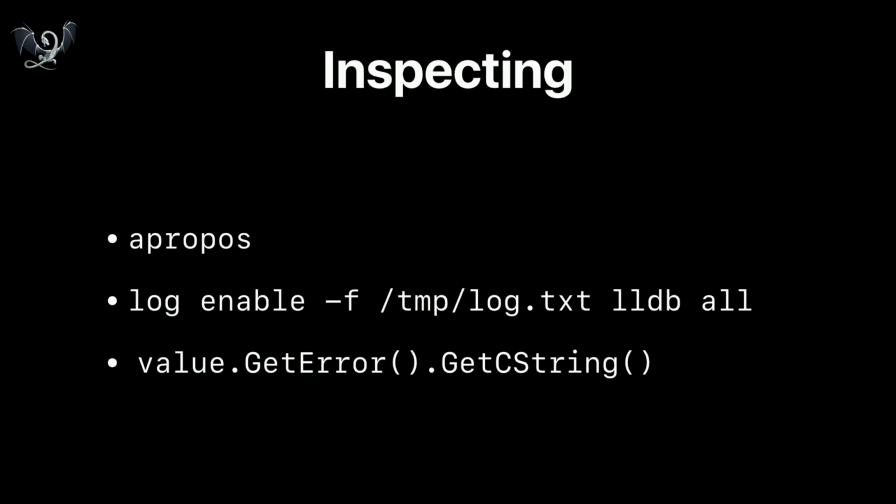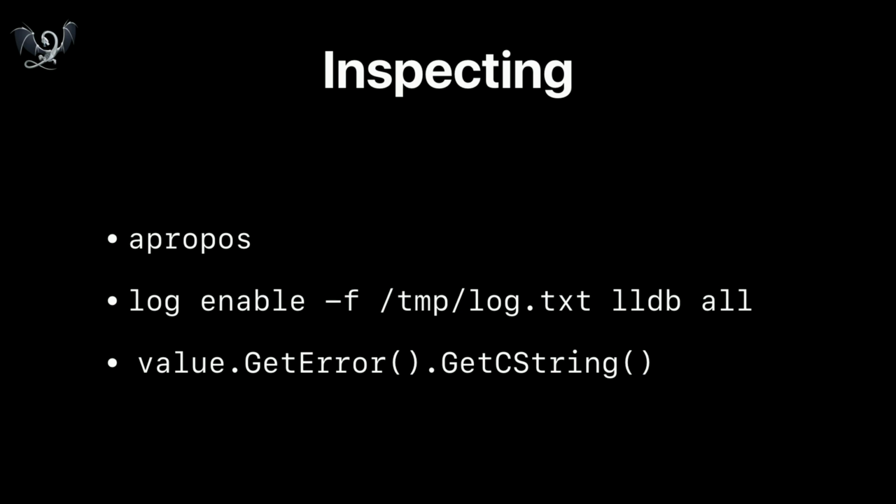So a couple other tips really quickly about using that stuff. The apropos command is really useful when you're starting to look up this stuff. It searches all of the properties and strings and just everything in the help stuff that LLDB provides, and not all of it's shown in the help menu. So if you're looking for specific properties, that's a good tool. The other thing is if you're logging, typically you see the LLDB logs in the console in Xcode, but you also see all of your application logs, so it's really difficult to parse through.